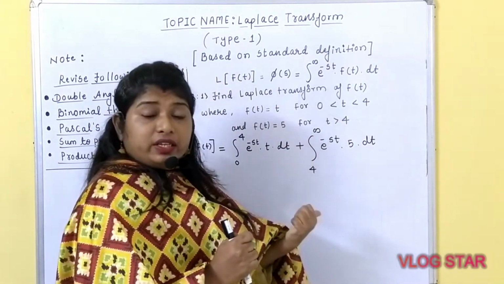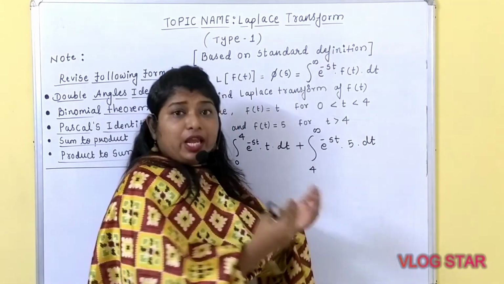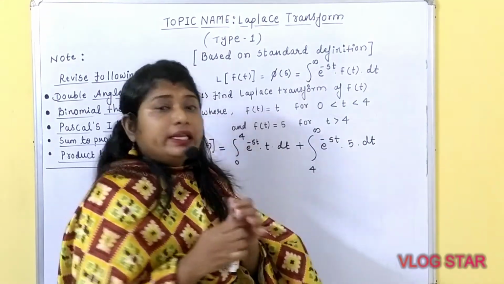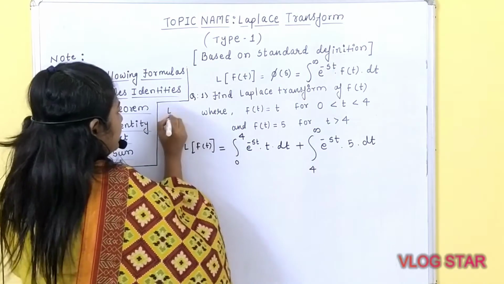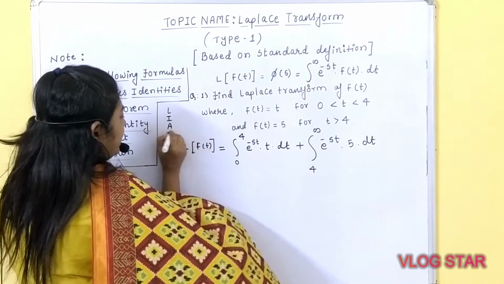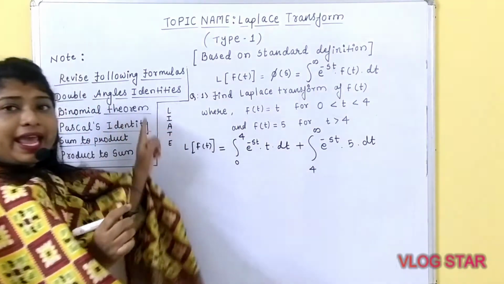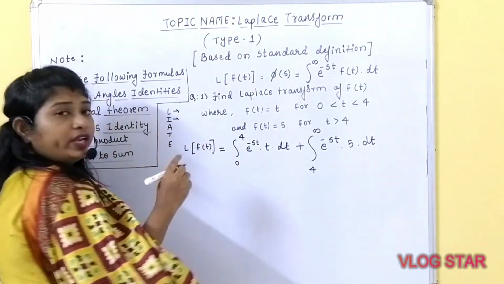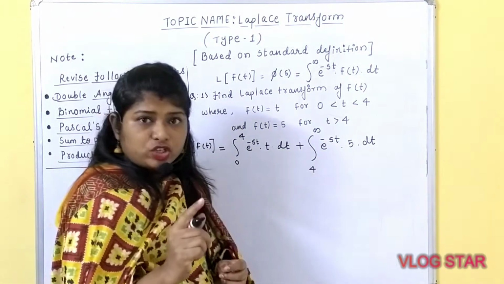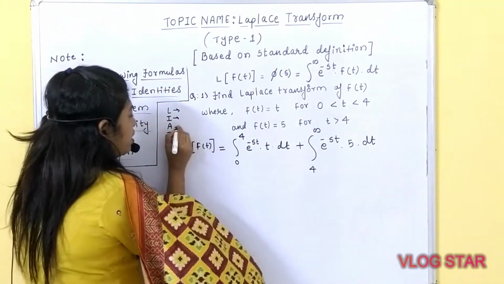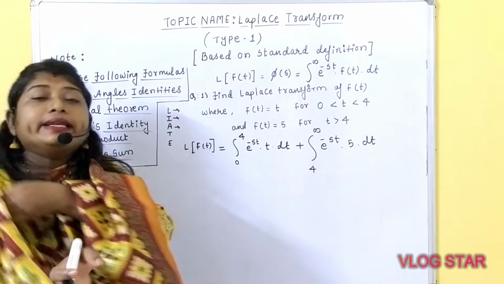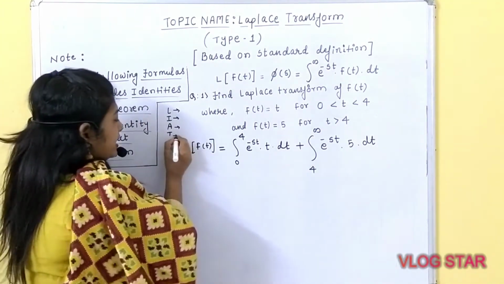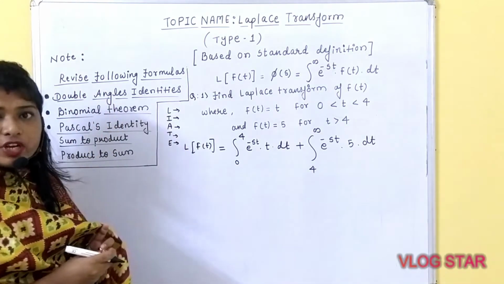Before proceeding further, you have to identify which one is u and which one is v, depending upon the LIATE rule. If you remember, L-I-A-T-E. L stands for logarithmic function, I stands for inverse trigonometric function, A stands for algebraic function, T stands for trigonometric function, and E stands for exponential function.